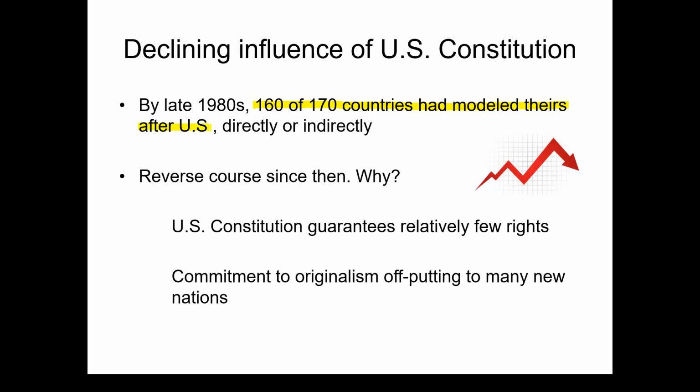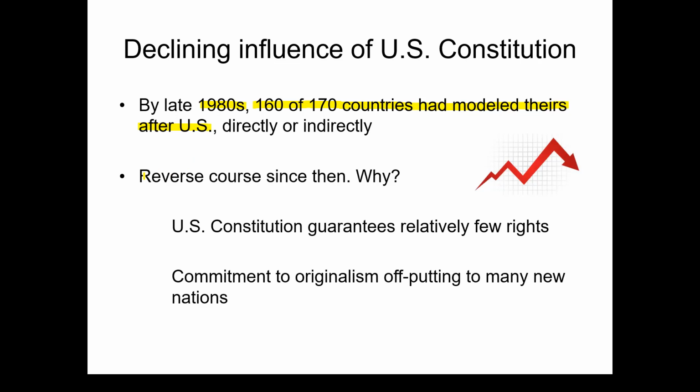So that's a pretty big example that the United States Constitution has set over a long period of time. However, since that time, things have shifted the other direction, to where more and more countries are not using the United States as a model.